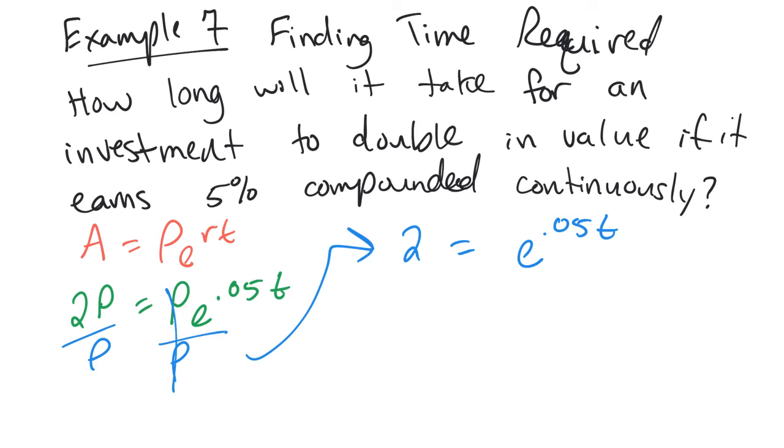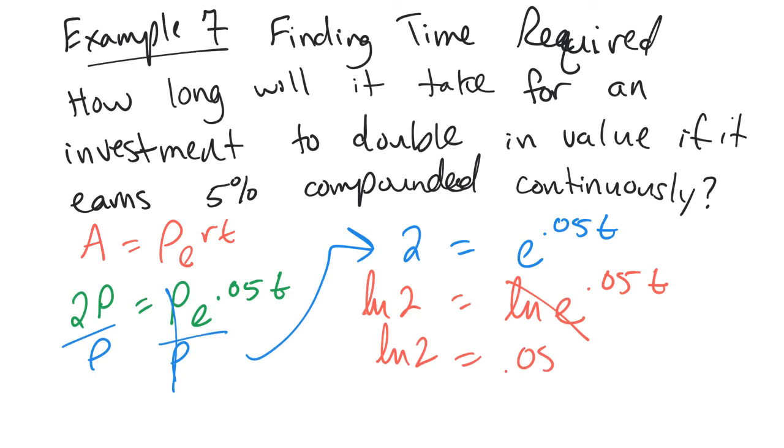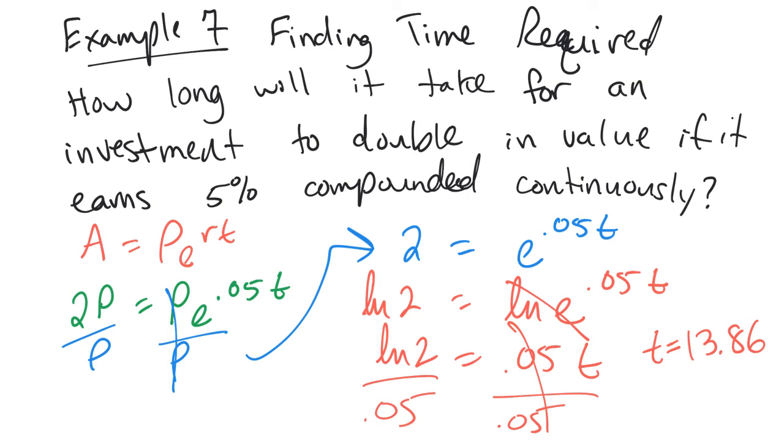So we have the natural log of 2 equals the natural log of e to the 0.05t. Natural log of 2 stays the same. These cancel, and we have 0.05 times t. Now divide both sides by 0.05. This cancels. Plug it in your calculator. You should get that t is about 13.86 years.